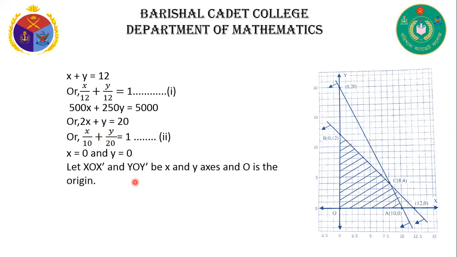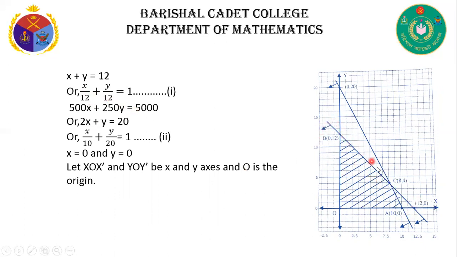Now let x'ox and y'oy be the x and y axes, and o is the origin. Now putting these values on the graph paper, the first intersecting points are 12, 0 and 0, 12.